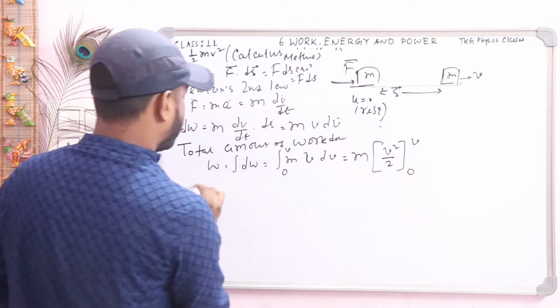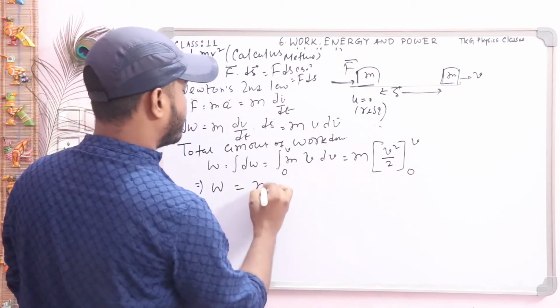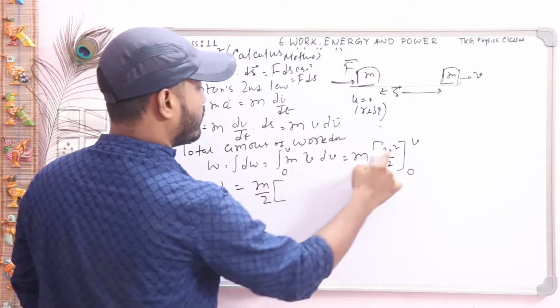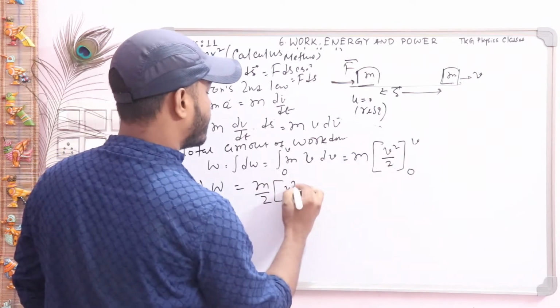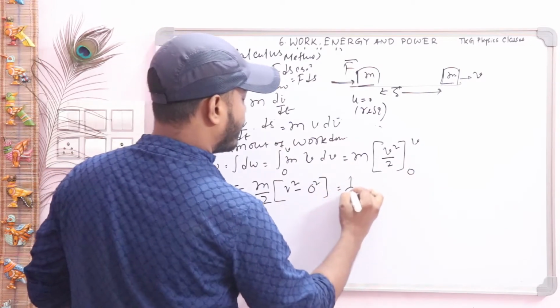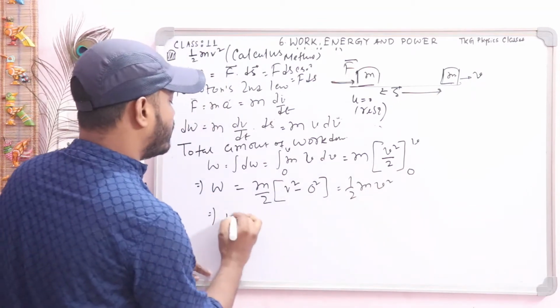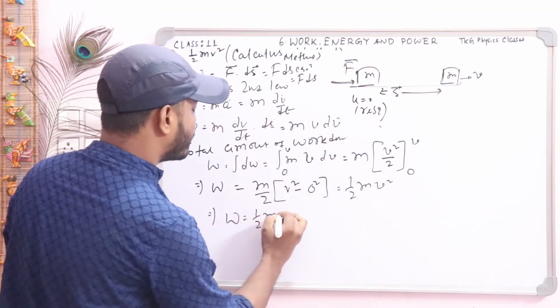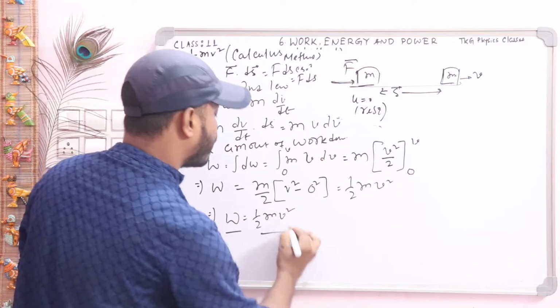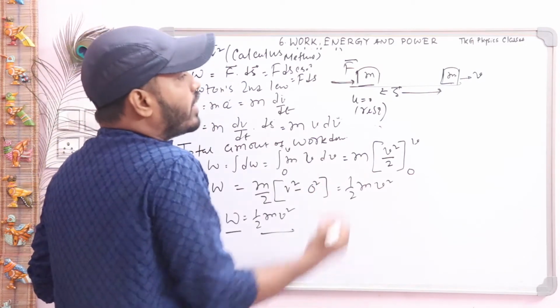Now using the limits, W equals m by 2 into v square minus 0 square. So the expression will be half mv square. So W equals half mv square. This is the expression of work done, and this amount of work done is converted into a form of energy.